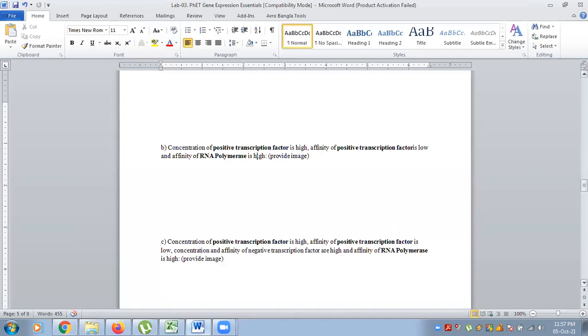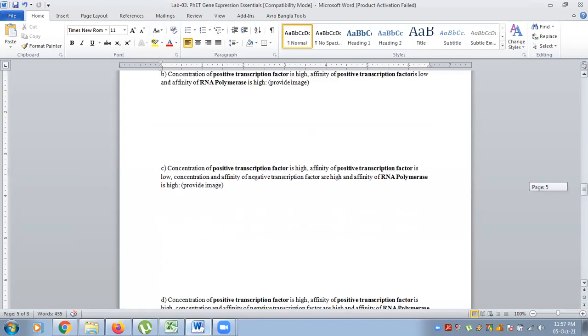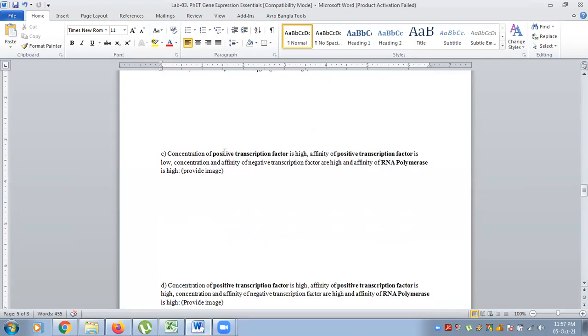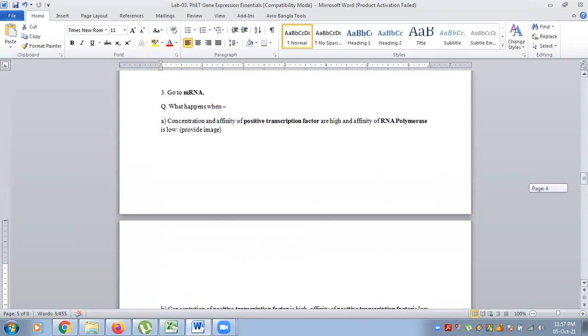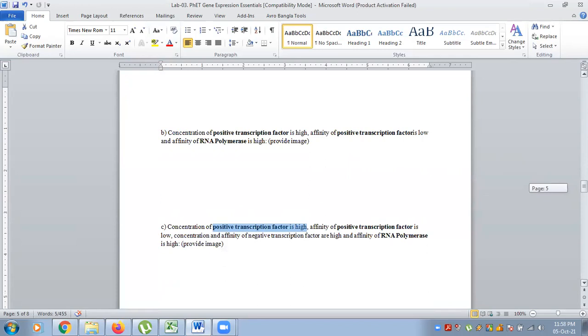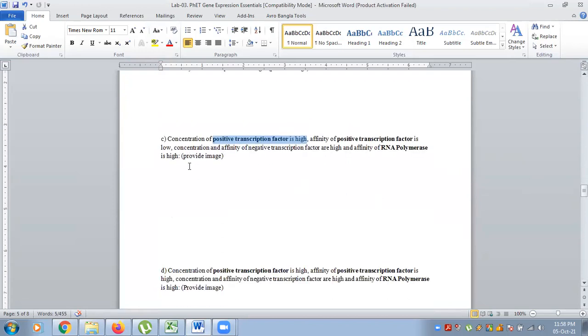And now, concentration of positive transcription factor is high. Okay. So in number C, we need to fix the concentration of positive transcription factor as high.